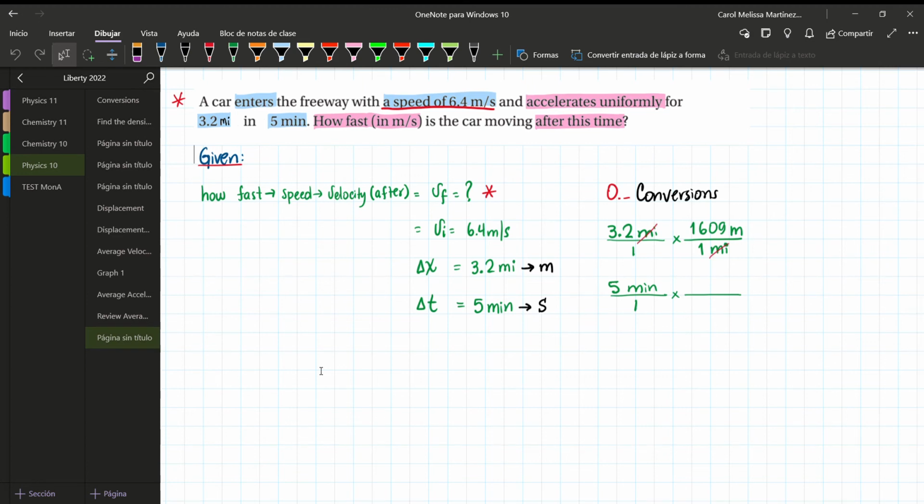And how many seconds do I have in 1 minute? 60. So here you have your conversions. How much did you get in the first one? You can participate in the chat.